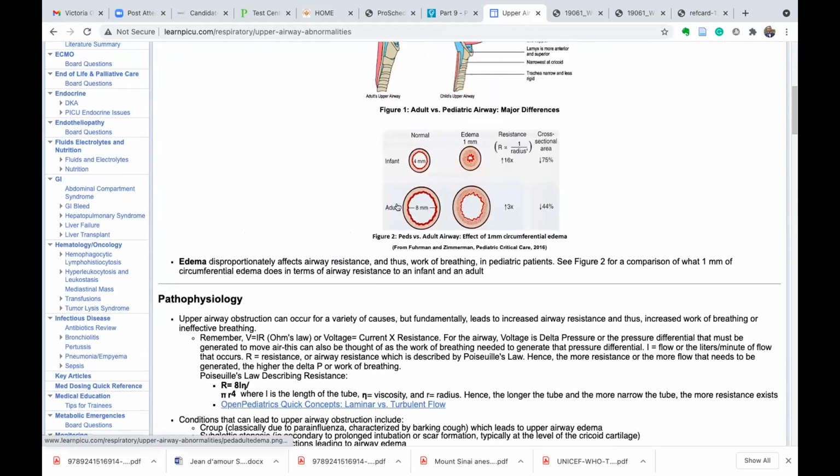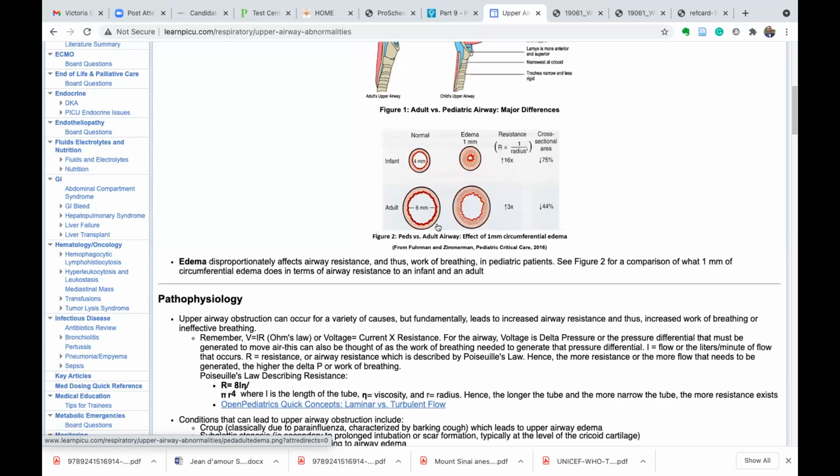But I think this is an important figure showing how infants are at higher risk of upper airway obstruction because of small airway. If you see, suppose you have an airway of 4 millimeters and you have 1 millimeter of edema, and you know that the resistance is inversely proportional to the radius to the power of 4. So with just edema of 1 millimeter, you are losing about 75% of the airway in children, while for adults, you are losing only 44%.